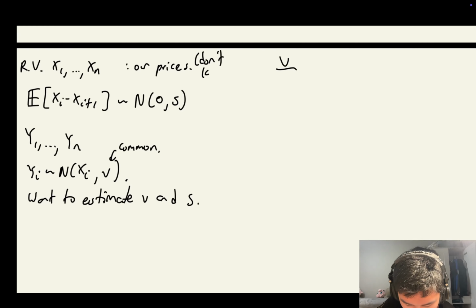Oh, okay. Actually, we can probably do both at the same time. For each i from 1 to n, sample yi n times. We're going to estimate.